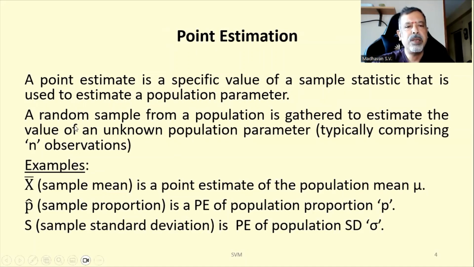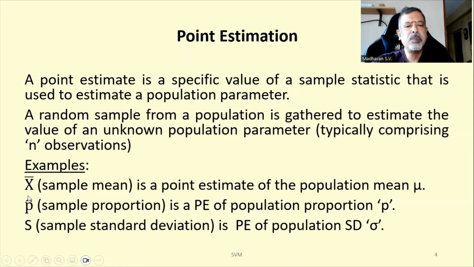Point estimation. A point estimate is a specific value of a sample statistic that is used to estimate a population parameter. We draw a random sample from the population. Then we estimate the value of an unknown population parameter. For that, we typically consider n observations, where n is the sample size.